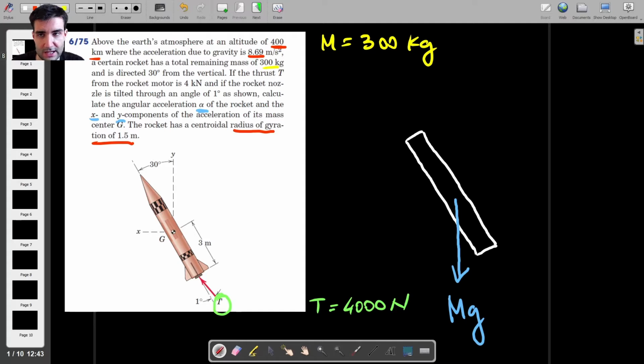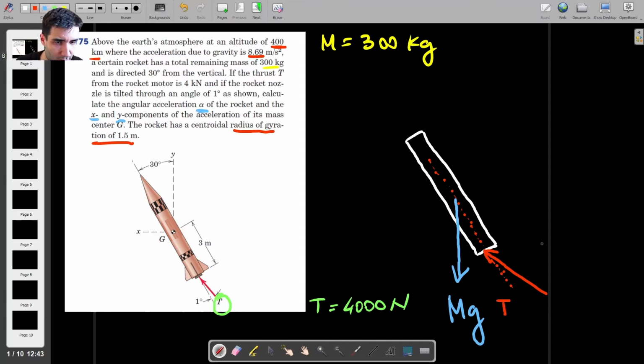So the other force that's acting is, of course, the thrust. So this is the direction of the rocket's heading, which is at a 30-degree angle with respect to the vertical. And then the thrust force is acting something like that. Again, it's a bit exaggerated, but that's to be clear that it's not along the heading of the rocket.